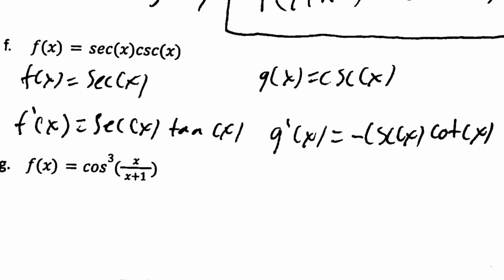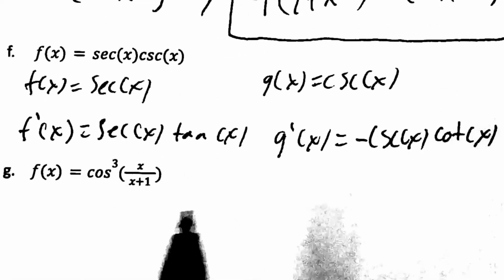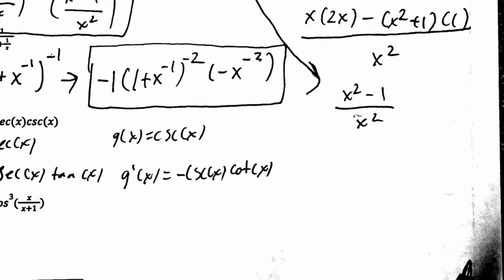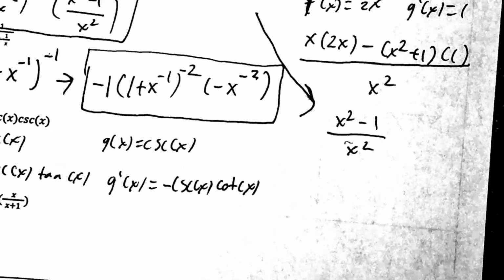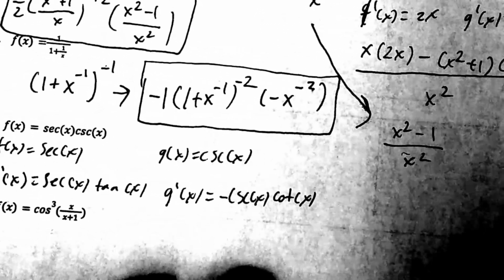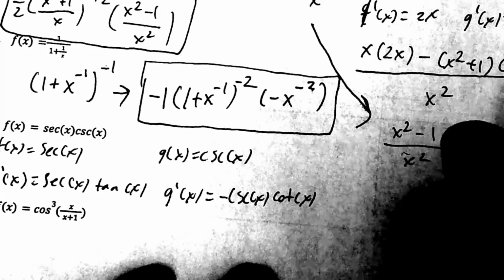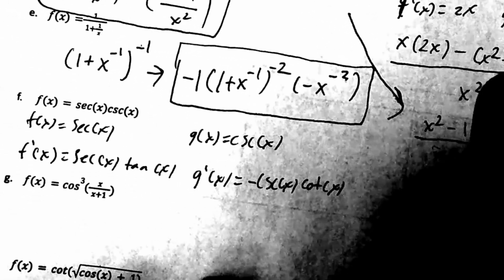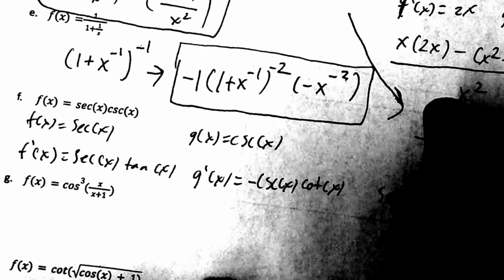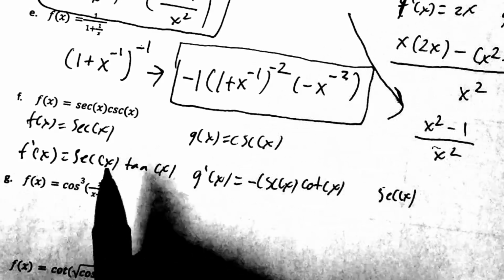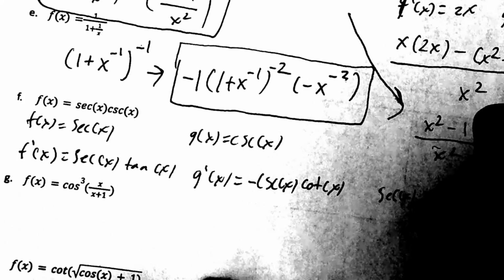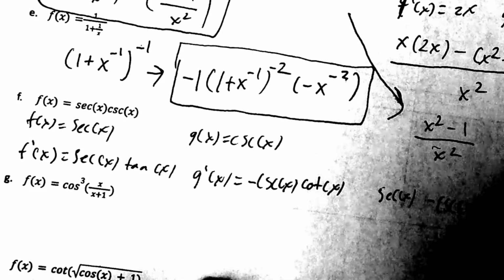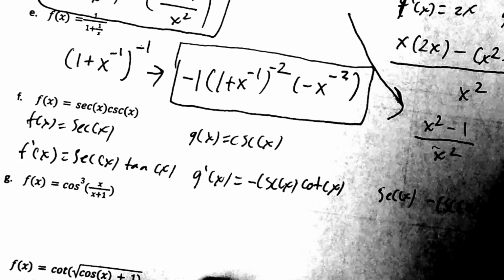Okay. So left secant x, right cosecant x, and then the derivatives, which you can get from your sheet right now. Okay. And then we plug it in. So left d right plus right d left. It's going to be a little long, but it's going to be secant x times negative cosecant x cotangent x.